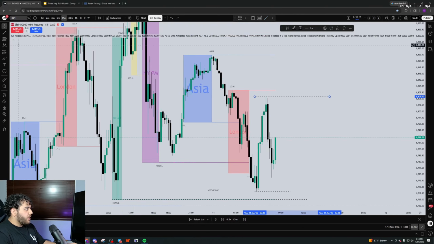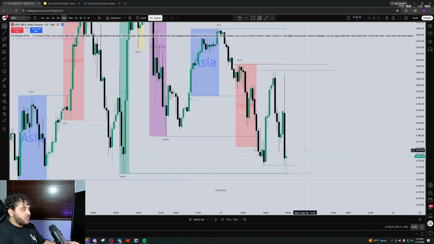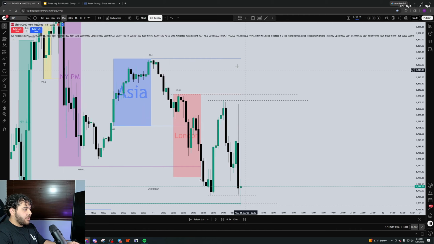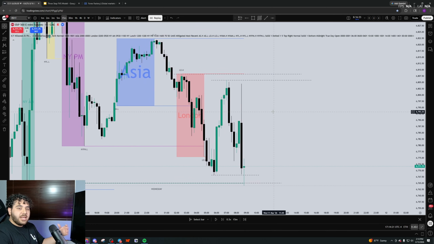So how do we know where price is going? This is where discipline comes into place. If you don't know where price is going, you simply don't enter. You don't look for a trade and there might not be a trading opportunity. But because we came down and we took out this sell side liquidity, we now know that we could target this buy side liquidity. So that's the first step in our model, is figuring out where price is delivering to, where that liquidity is at.